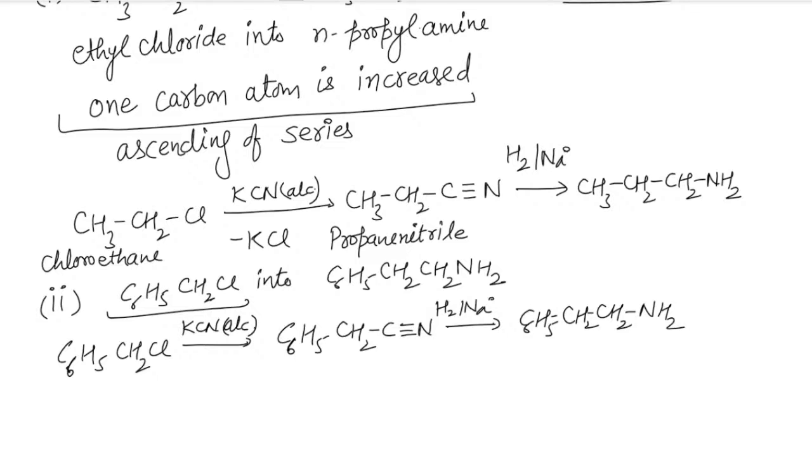This is propane nitrile or ethyl cyanide. When we use alkyl cyanide, the carbon of the cyanide is not counted. If you use nitrile, then the carbon is counted. So it is propane nitrile and the common name is ethyl cyanide.